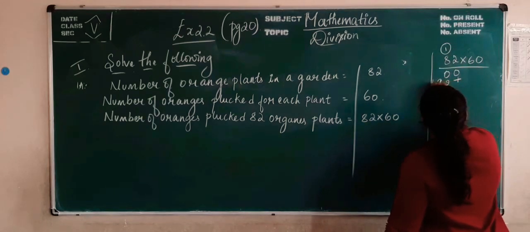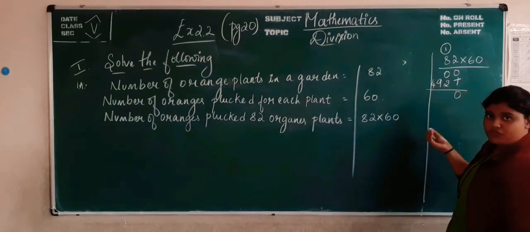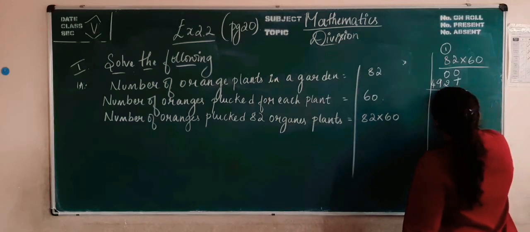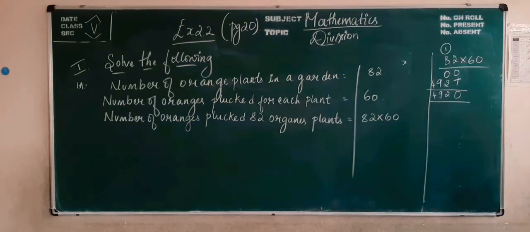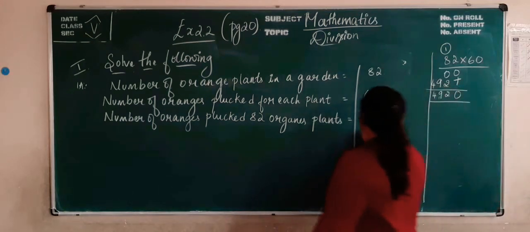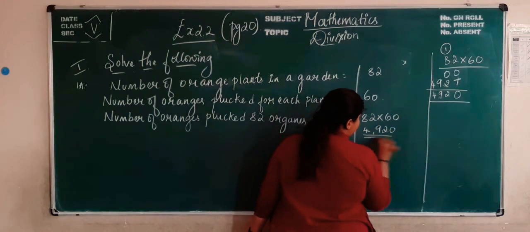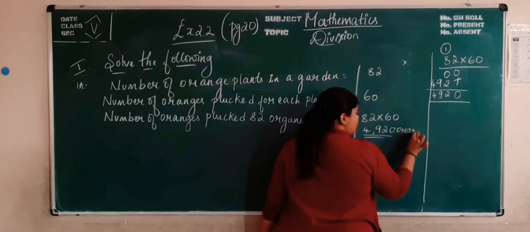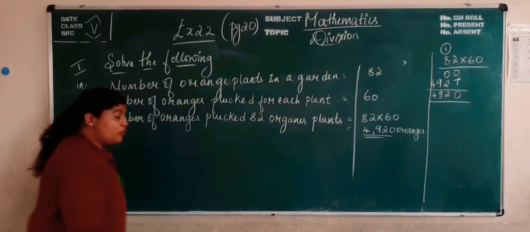So 9, 4. So 0 plus 0, 0, 0 plus 2, 2, 0 plus 9, 9, 0 plus 4, 4. So 82 into 60 we got 4,920 oranges. So in total he has plucked 4,920 oranges.